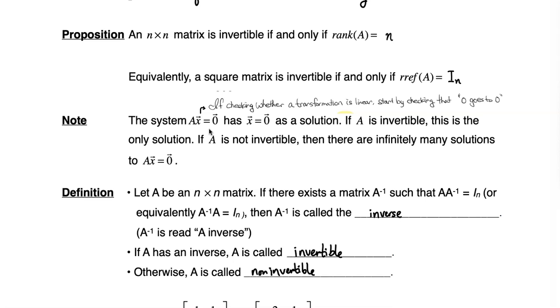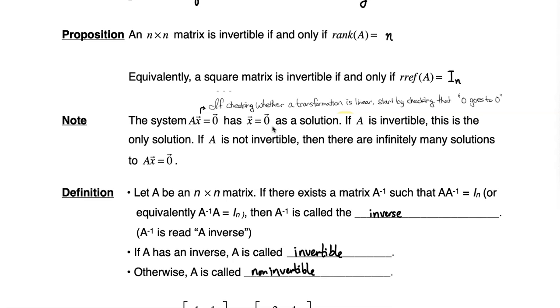If A is invertible, this is the only solution. That comes directly from what was written above: if A is invertible, then there is only one x such that ax equals y. So there should be only one x such that ax equals 0, and we know which one it is: x equals 0.